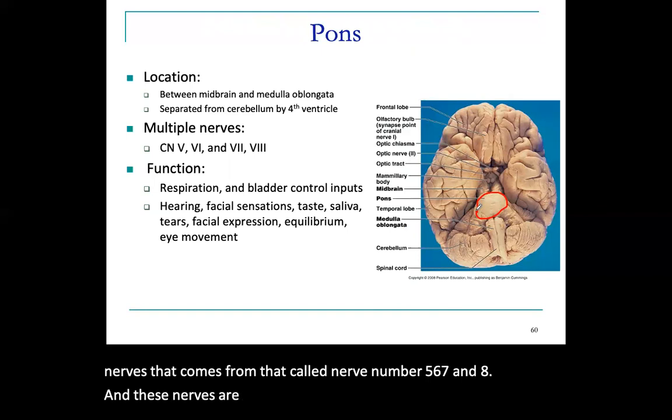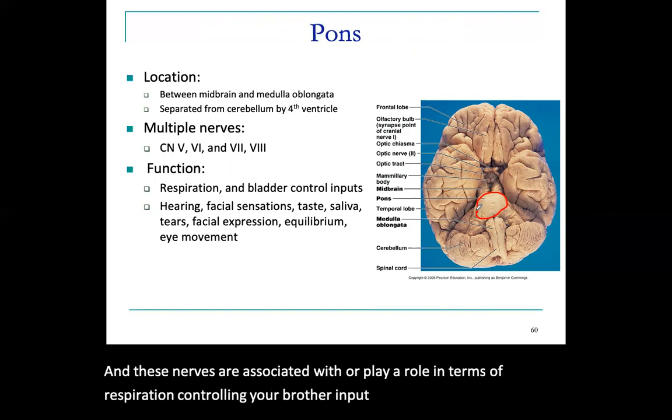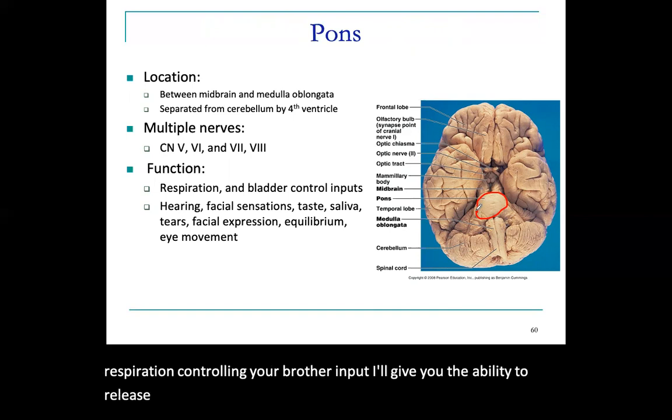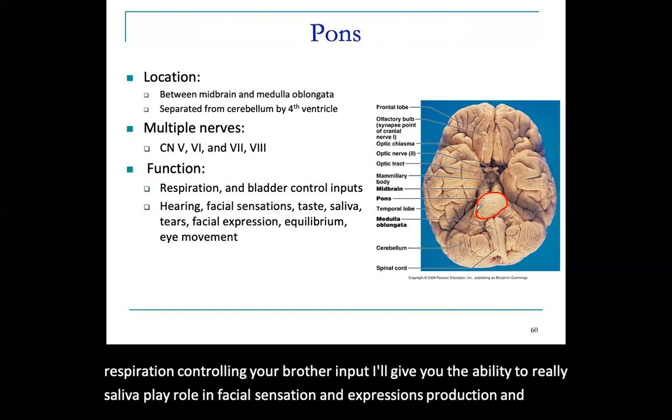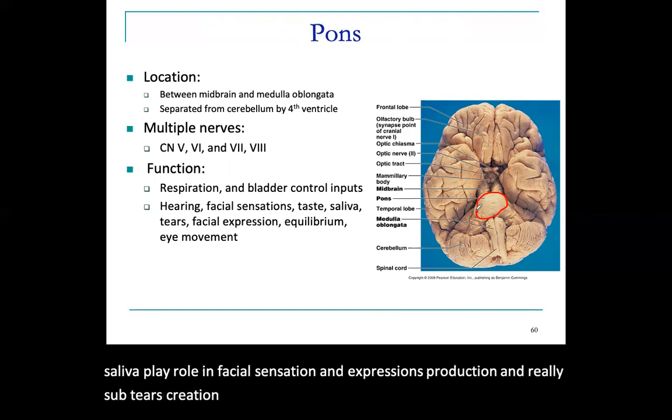associated with or play a role in terms of respiration, controlling your bladder input, giving you the ability to release saliva, and playing a role in facial sensation and expressions, production and release of tears, creation of equilibrium and eye movement.